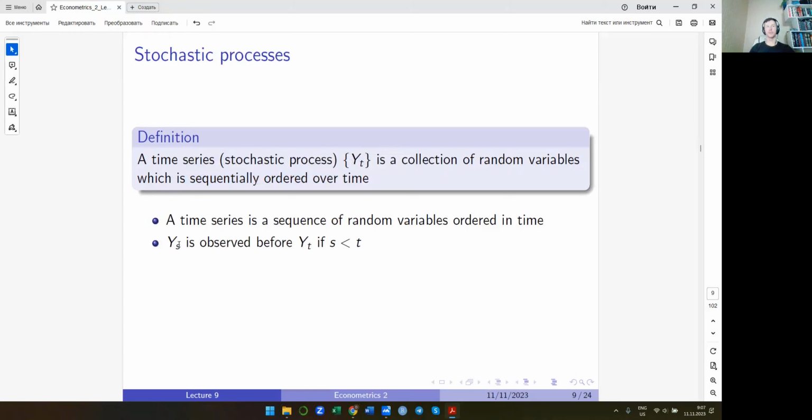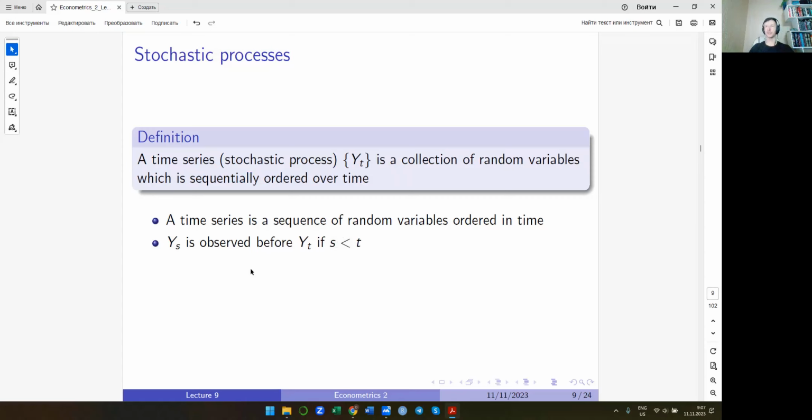If you observe Y_s and Y_s is observed before Y_t, this is possible only if s is less than t. I guess this is something natural. You cannot observe December before October. This is logically impossible. So you have an ordered structure. First goes October, then November, then December.